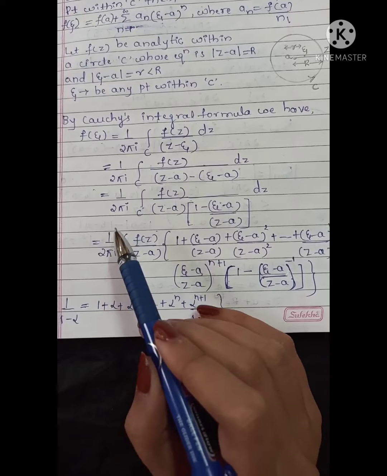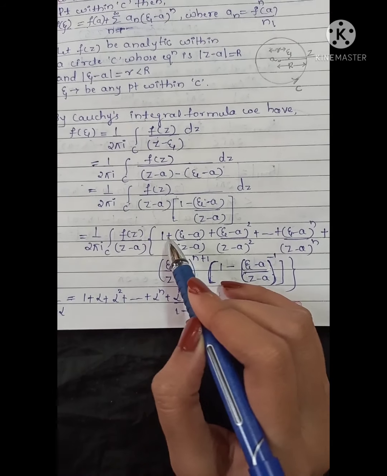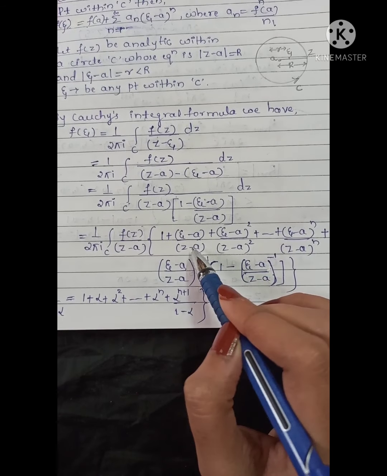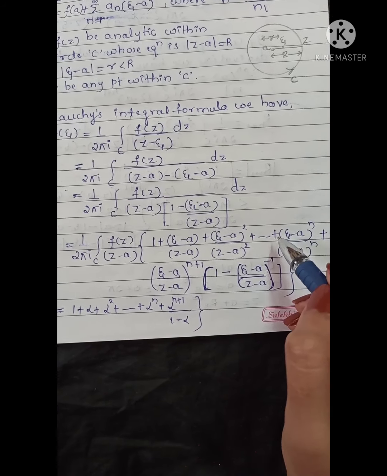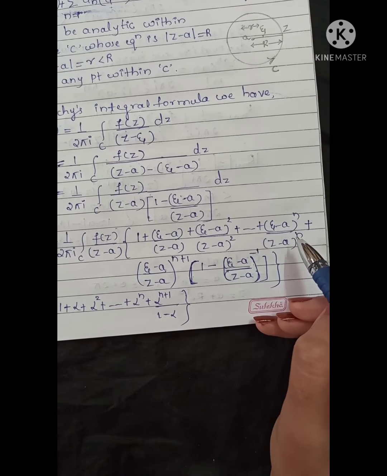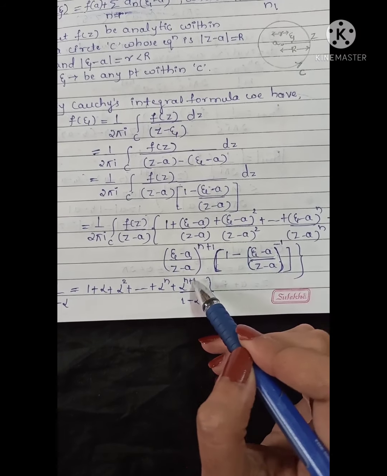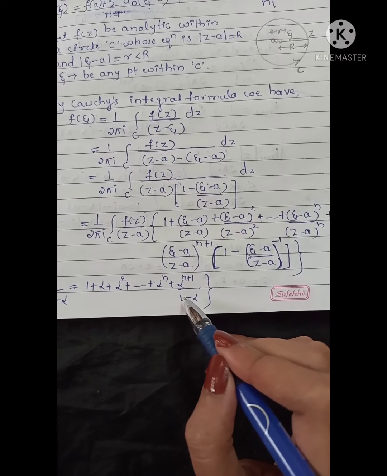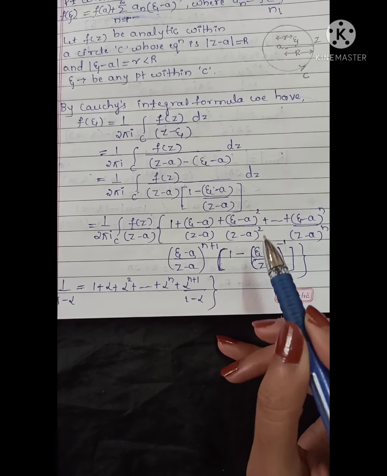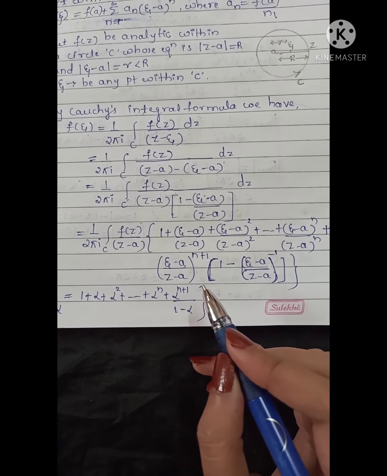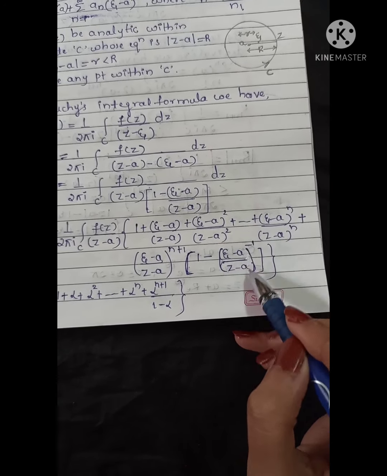This equation can be written as 1 divided by 2 pi i into the integration of f of z divided by z minus a into 1 plus (xi minus a) divided by (z minus a) plus (xi minus a) whole square divided by (z minus a) whole square and so on plus (xi minus a) to the power n divided by (z minus a) to the power n plus ((xi minus a) divided by (z minus a)) whole to the power n plus 1 into 1 divided by 1 minus alpha, written as (1 minus alpha) to the power minus 1, that is its inverse, where alpha is (xi minus a) divided by (z minus a).